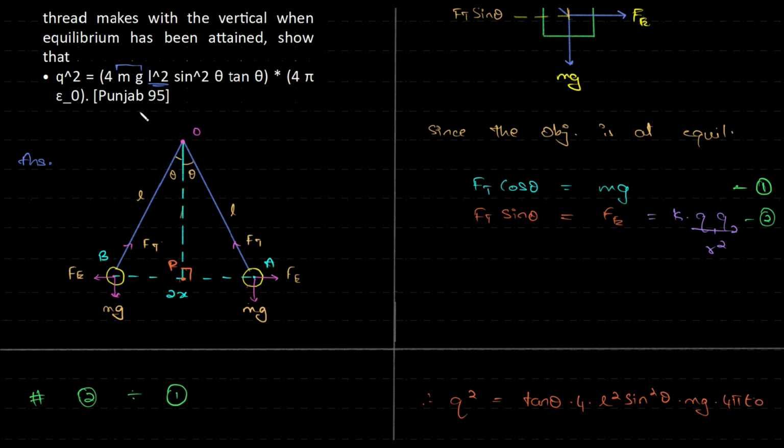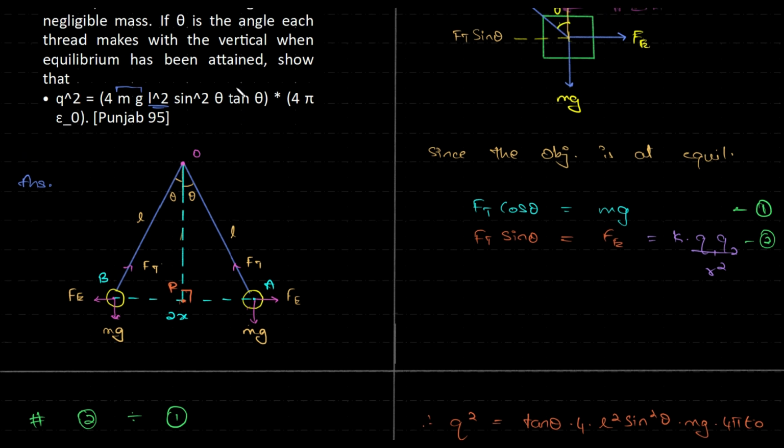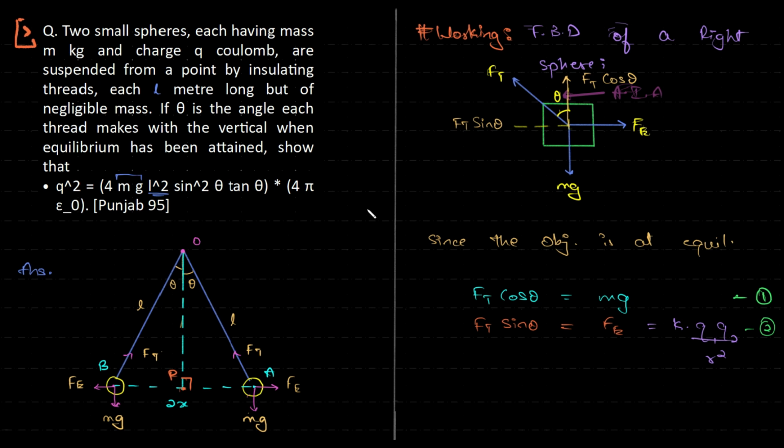We have mg, L square, sine square theta, tan theta. Done. A question which looks so difficult is very simple. All I did was draw diagrams, a free body diagram, and simple resolving of forces. A bit of trigonometry here and there, and you are done.